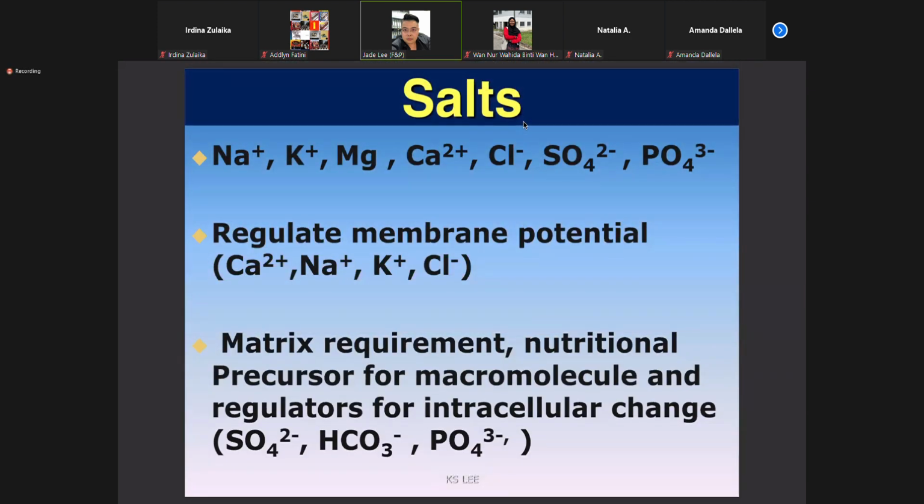Okay, so they provide ions, okay? Whether it is a cation, for example, the sodium ions, the potassium, or magnesium. Magnesium should be 2+. And the anions, the chloride, the sulfate, or phosphate. And this is important to regulate the membrane potential. Do you remember the calcium pump in the membrane bilayer?